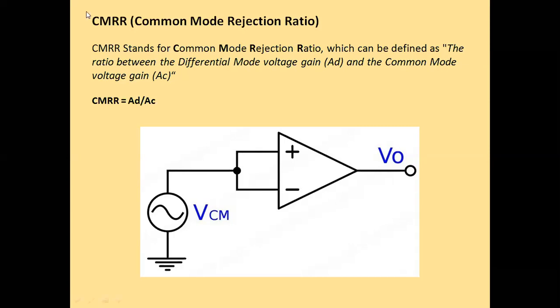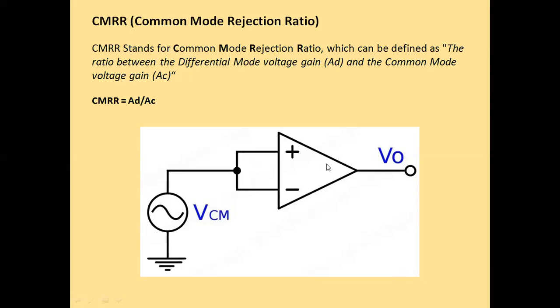Such a mode is called common mode. You can see in this circuit that the non-inverting terminal and the inverting terminal are shorted and applied with a single source of signal. The voltage is applied in between both the inputs, and for that reason it is called the common mode.